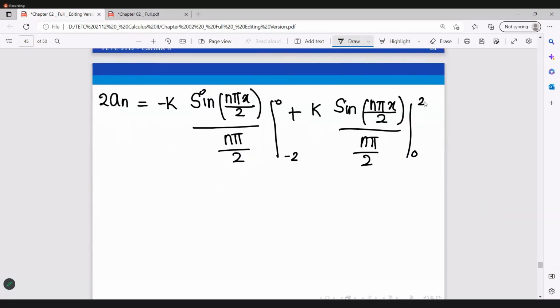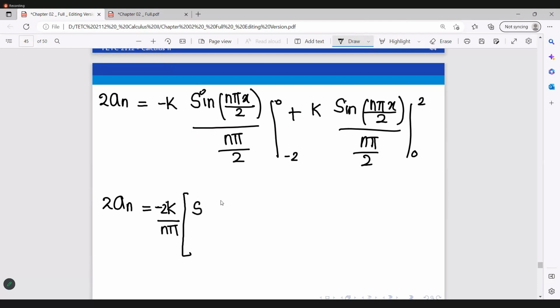Okay, then substitute. 2 times a n is equal to minus k times, let's bring this constant term out as 2 over n pi. Then we need to substitute x by 0.